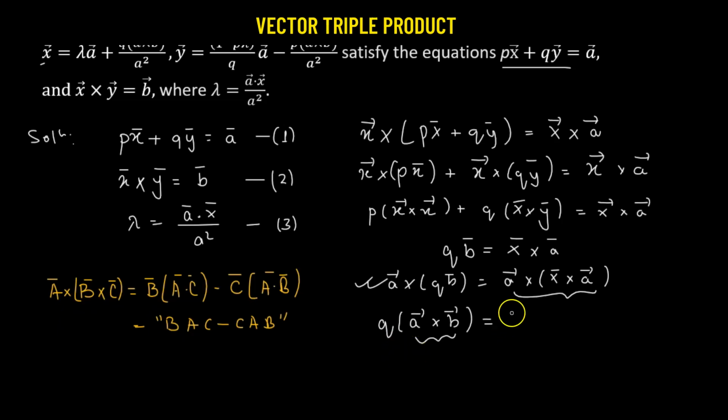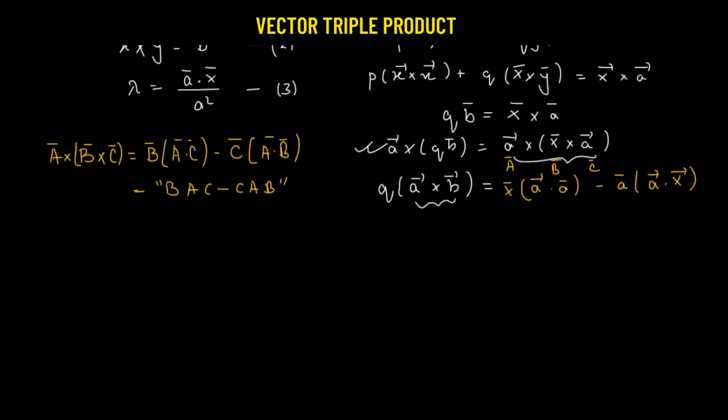So we assume that this a is equivalent to a vector, the x vector is equivalent to b, and this a vector is equivalent to c vector. Using back-cab, this becomes x vector times a dot a, minus a vector times a dot x. Fine, let's work with this now.